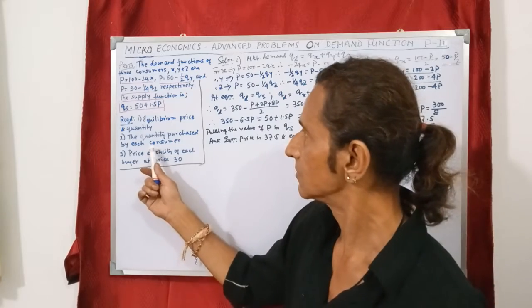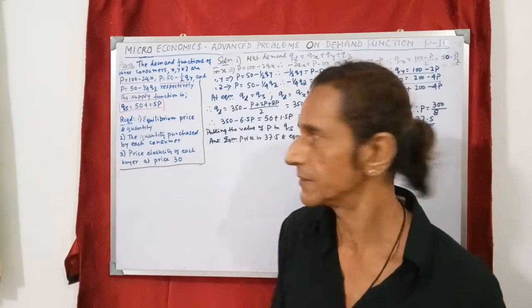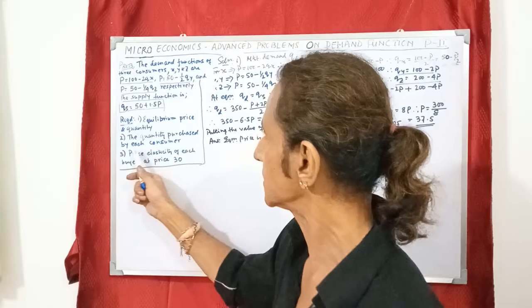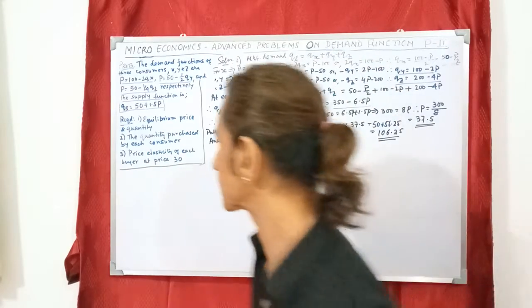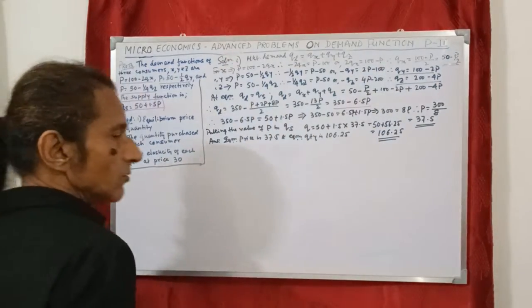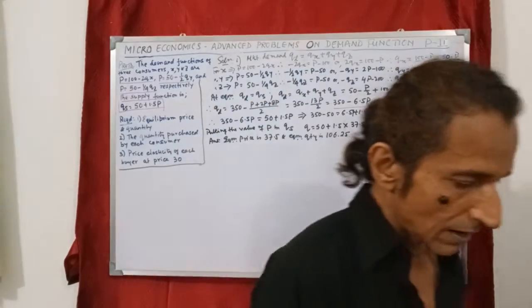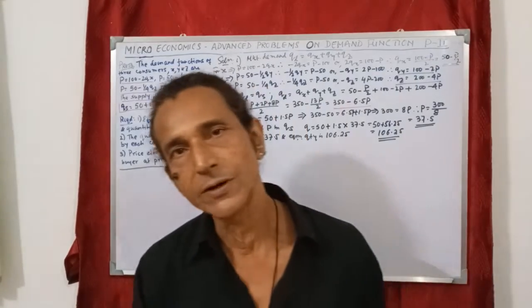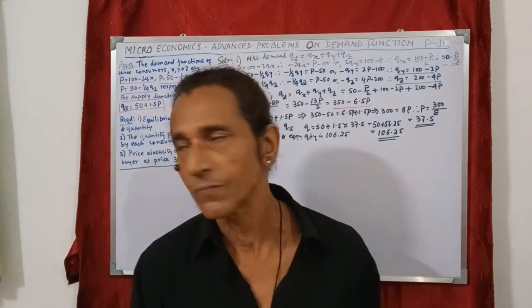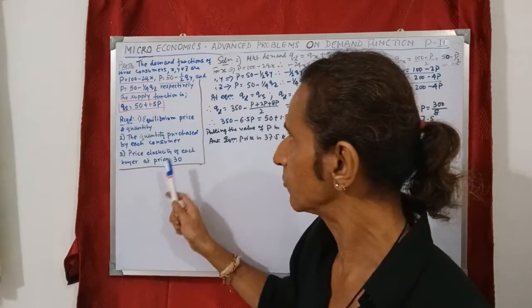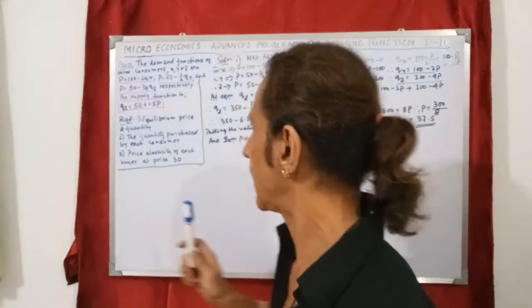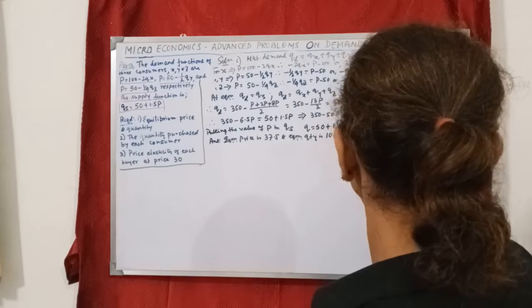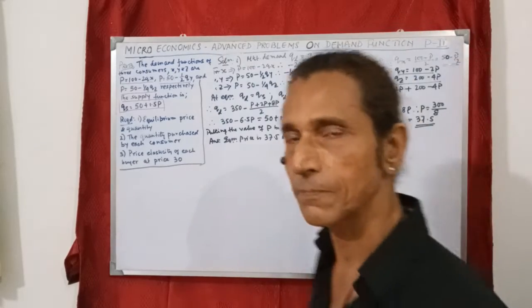Now we shall take up part 2 of the problem, that is the quantity purchased by each consumer. How can we determine the quantity purchased by each consumer? Each consumer will purchase the commodity at what price? At the market price, 37.5.